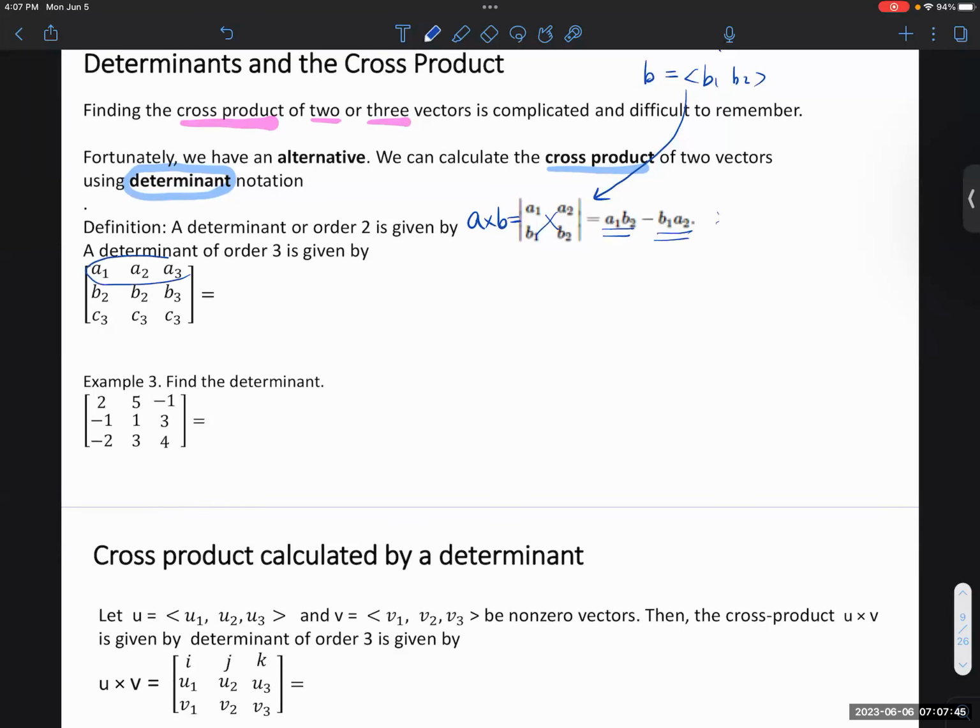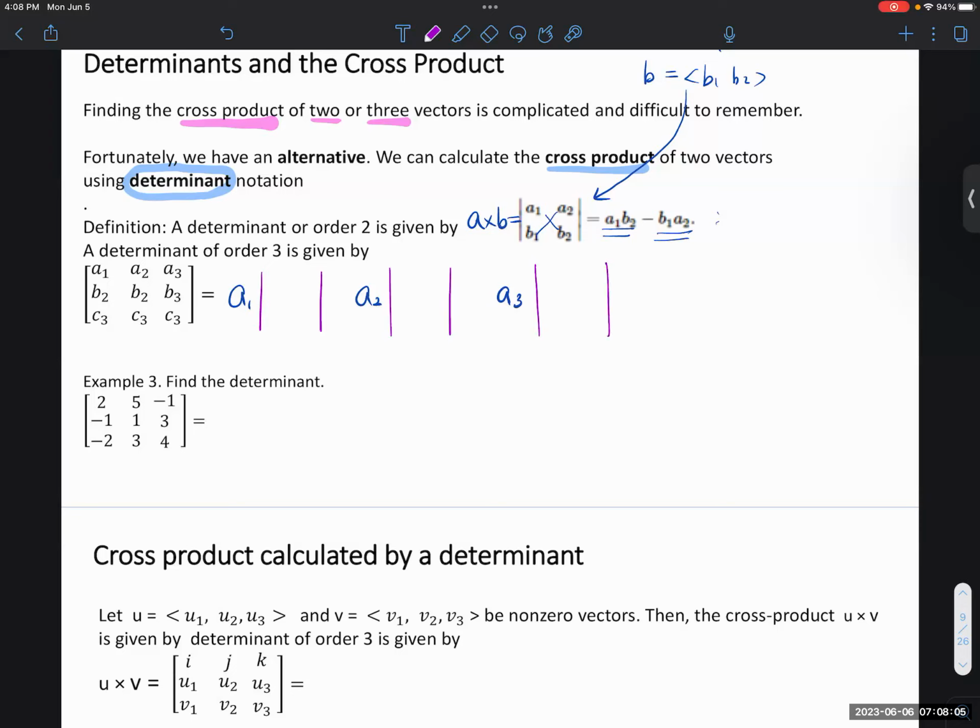So I have a 3 by 3 matrix, A vector, B vector, C vector. So this is the thing. You're going to have A1 in the front, A2, A3. And then you're going to make a mini matrix.